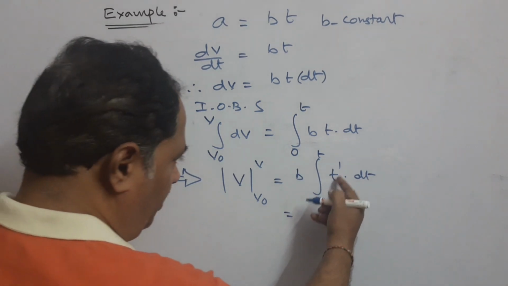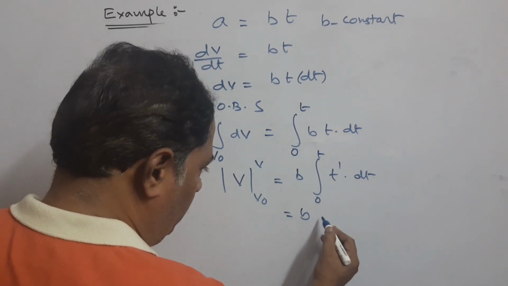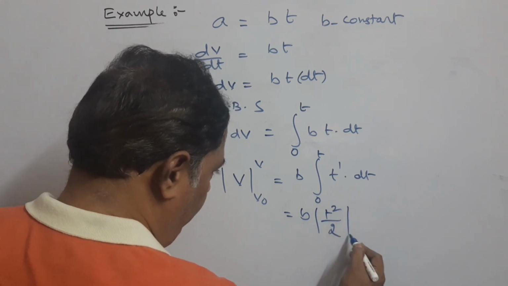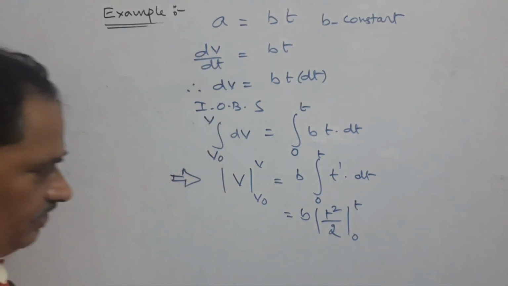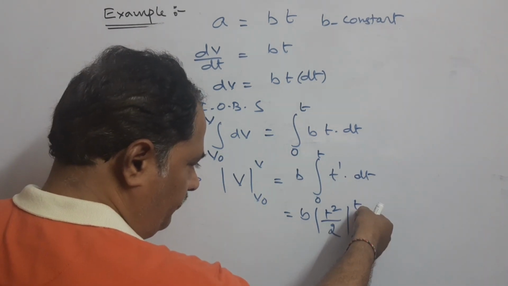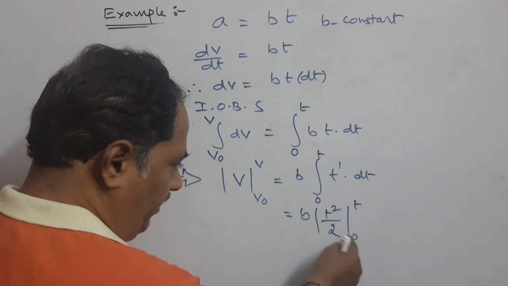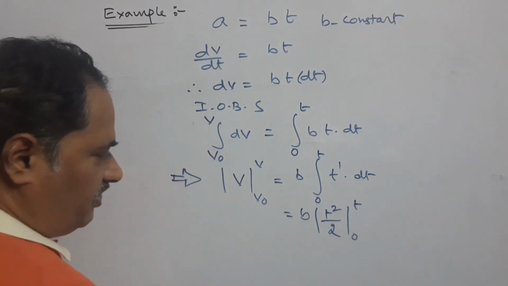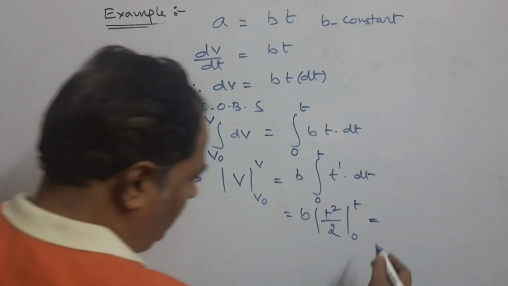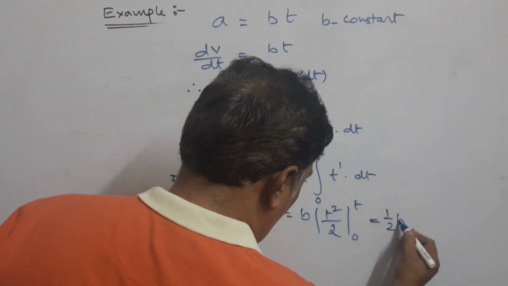That means t power 1 plus 1, you will get t square by 2. Limits are 0 to t. So in the place of t, you can apply t, minus, in the place of t if you write 0, that part is 0. Hence you are able to get directly 1 by 2 bt square.